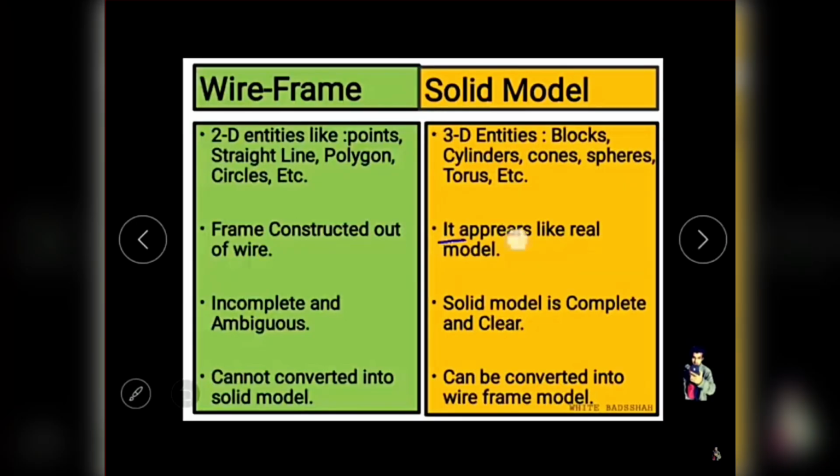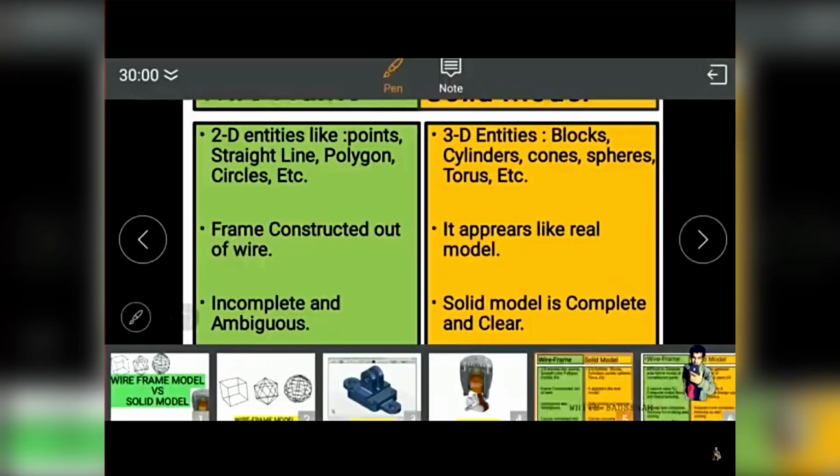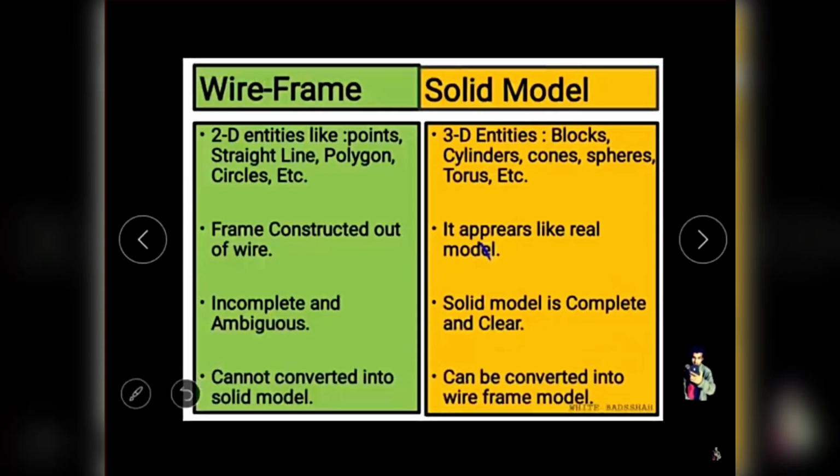And a solid model appears like a real model. We can easily watch this and visualize it better, because it actually acts like a real model. Now, a wireframe model is incomplete and ambiguous, so it is more confusing. But the solid model is complete and clear, so we can easily visualize it as real.